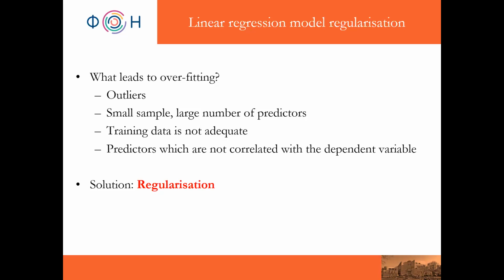Why would you insist on putting in your model a variable which is not at all correlated with your dependent variable? But at the same time, why would you insist on putting a predictor which is completely or highly correlated with your dependent variable? So when you are choosing the variables which will be in your model, you should take into account the relationship between individual predictors and your dependent variable.